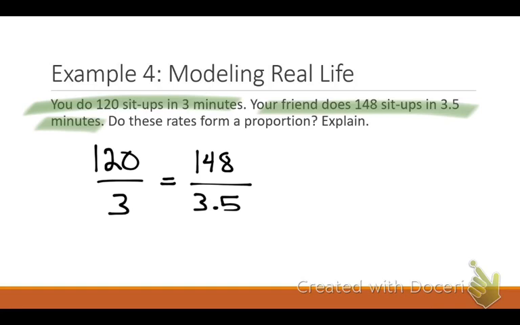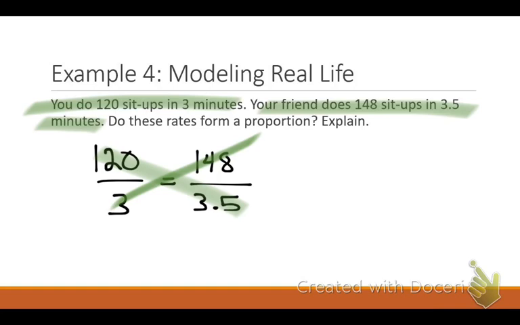Now, technically, there are 2 ways you can do this. You can reduce each ratio and see if they simplify to be the same fraction. I would not recommend that. I would recommend cross products. Go ahead and do your cross products: 120 times 3.5 and 148 times 3. If they come out to be the same number, then they are proportionate.